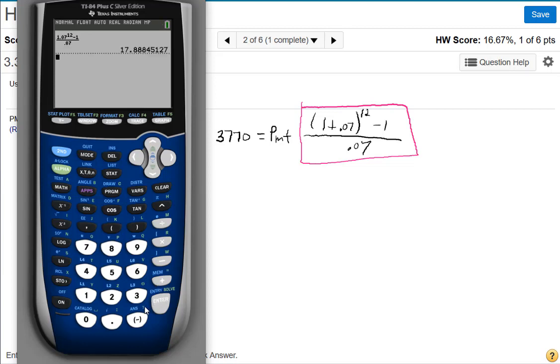Again, we will write this down, but we won't be entering the rounded off version, or we will miss the problem. And to finish the problem, we need to divide by this 17.89.